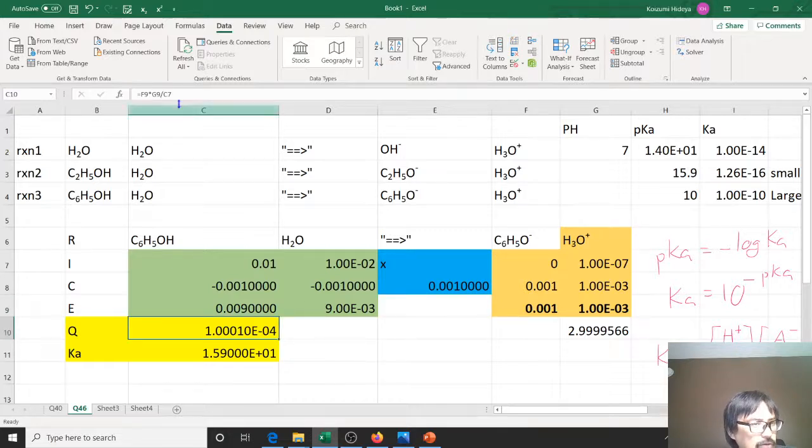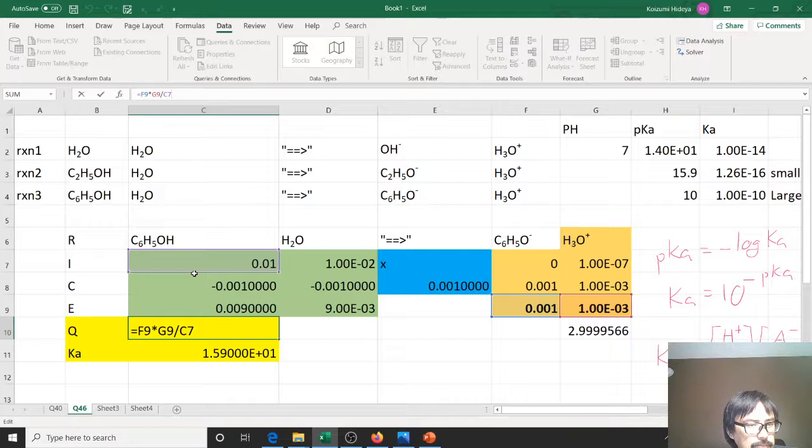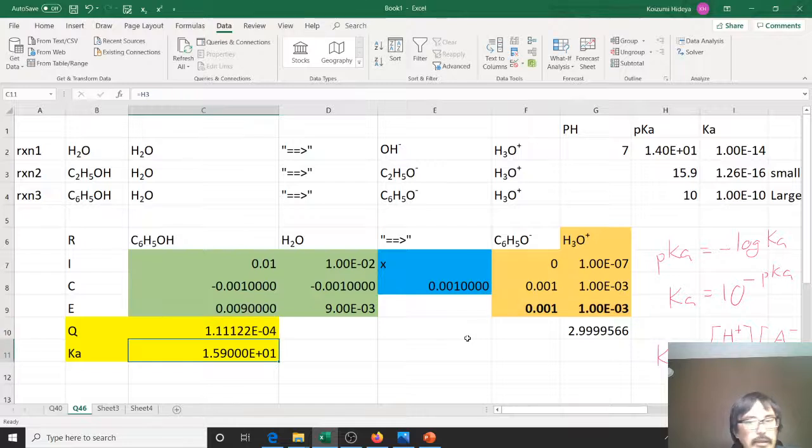And then the Q right here, I hope I was doing this one. Well, doesn't matter. You just need to have that one to be the reactant. So product over reactant is this one, right? And then that is 1e negative 10, right?